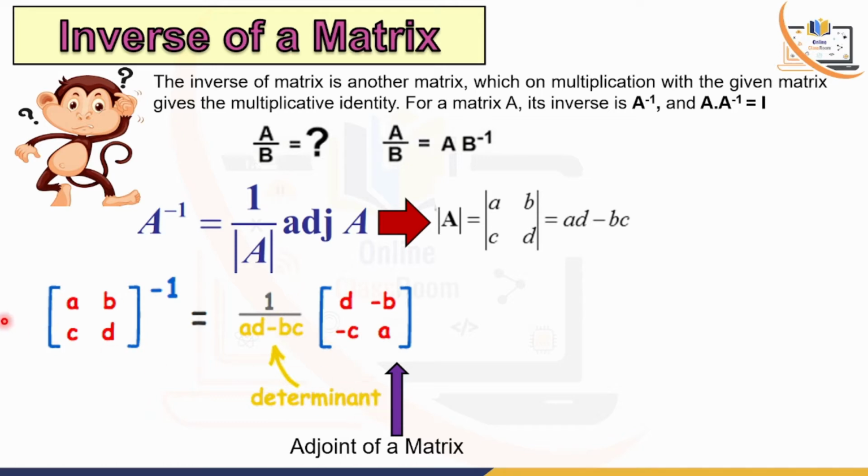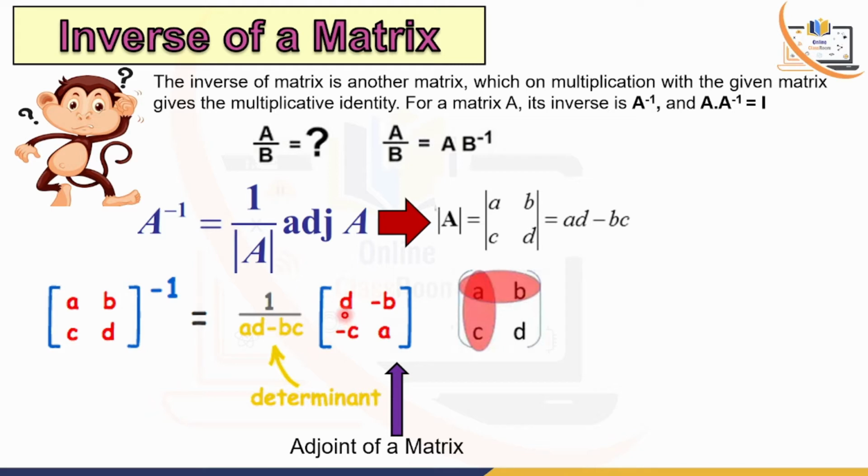Well, first we focus on the element A. If I focus on the element A, we discard this row and this column. So we have D, and we put that element D into the first place. This position is the plus position, so the corresponding member becomes D.